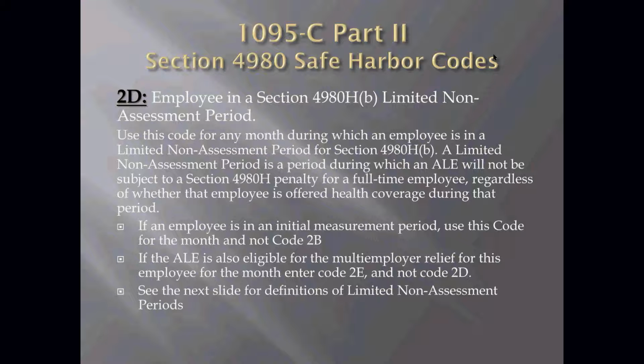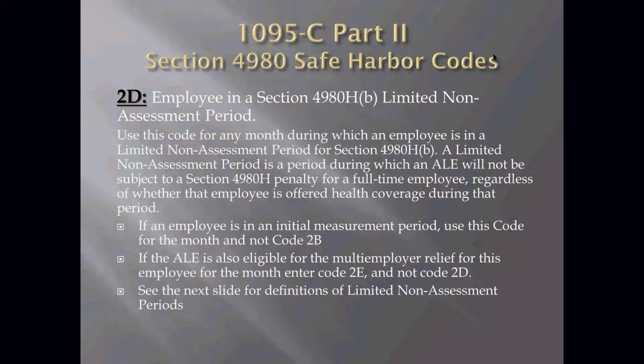2D, employee in a Section 4980H limited non-assessment period. Use this code for any month during which an employee is in a limited non-assessment period for Section 4980H(b). A limited non-assessment period is a period during which the applicable large employer will not be subject to a Section 4980H penalty for a full-time employee, regardless of whether that employee is offered health coverage during that period.